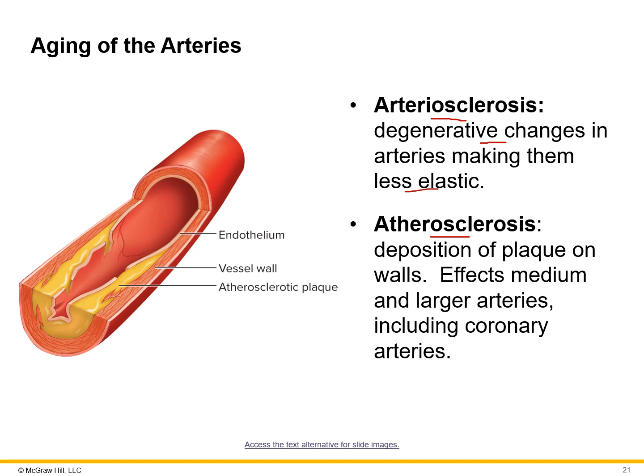They can't bounce back, which increases the blood pressure and causes a lot of damage. Now, atherosclerosis is especially from fatty diets or poor diets, where we get deposits of plaques that clog our arteries. That's atherosclerosis.